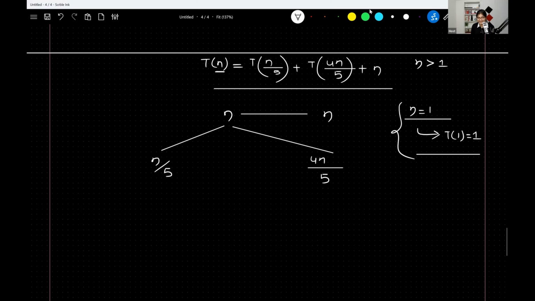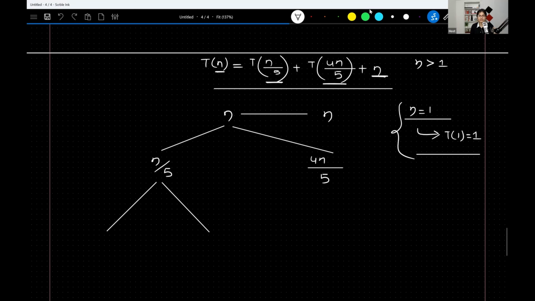When I'm splitting my data of n into two components, n/5 and 4n/5, the effort required is n. When you do this further split of n/5, on the left side, observe what you are doing. You are doing a division by 5. On the right side, you are doing a multiplication of 4/5. So do the same thing.